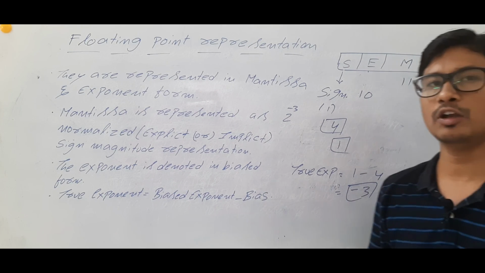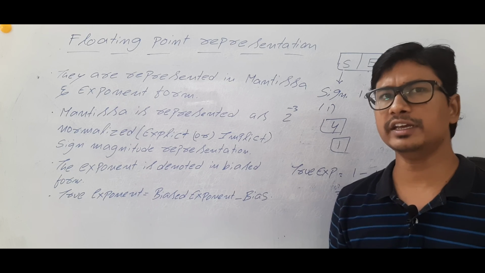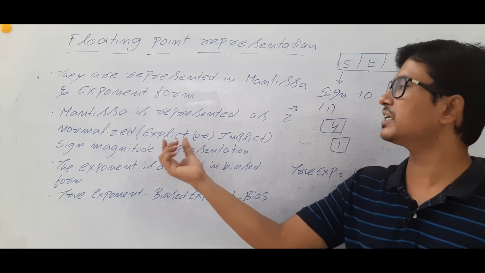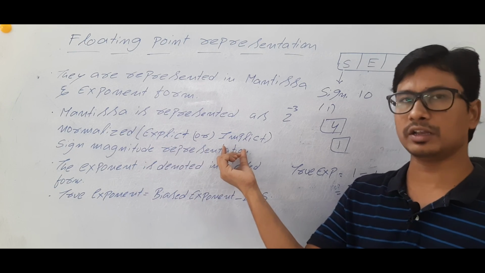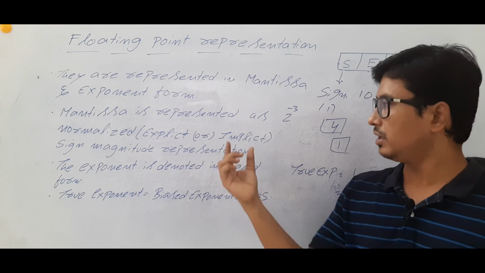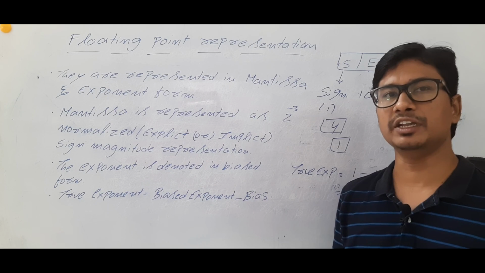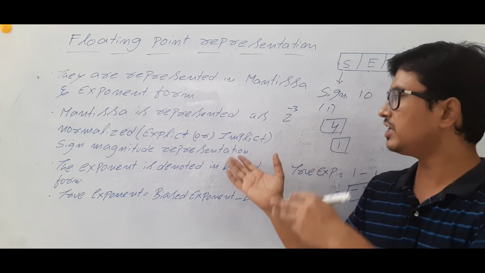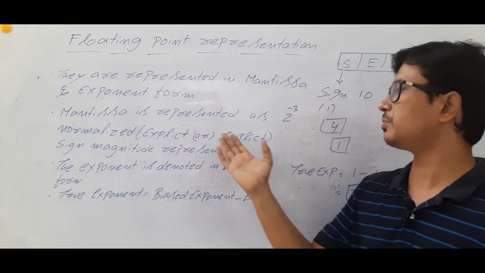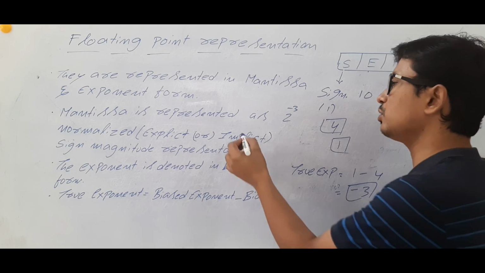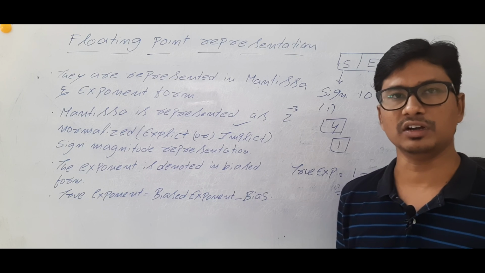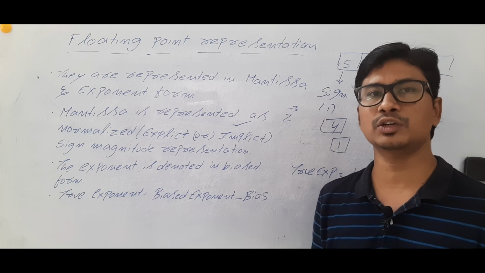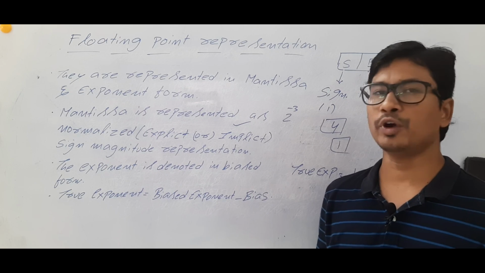And one more thing, a lot of people get confused when they are given a question related to this. If they do not mention whether it is explicit or implicit, then you perform the implicit by default. If they mention explicit, you perform the explicit. If they do not mention whether it is an explicit or implicit representation, better you go for the implicit as a default. I hope you have understood the introduction to floating point representation.